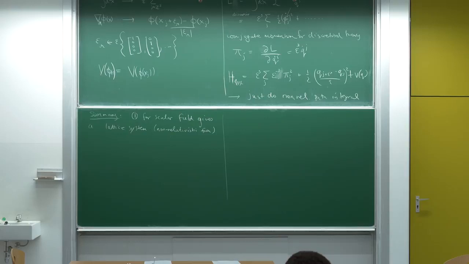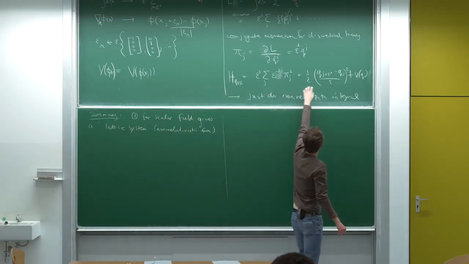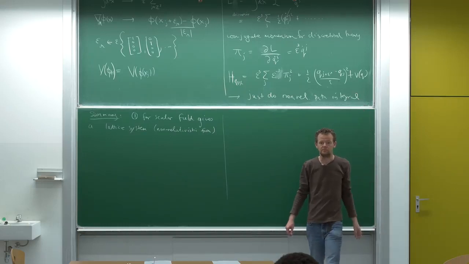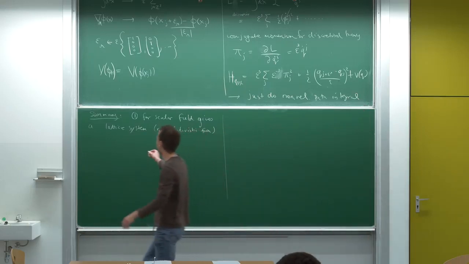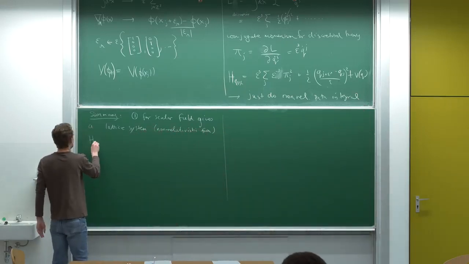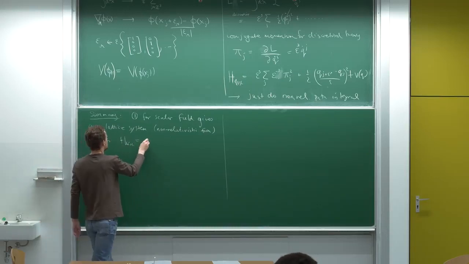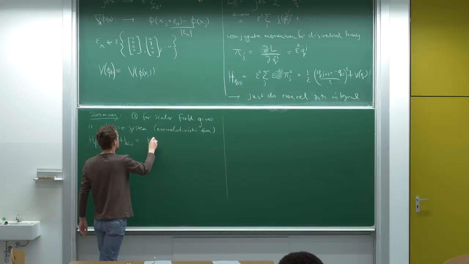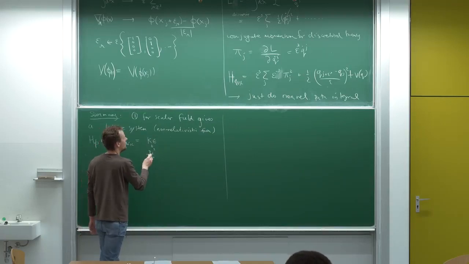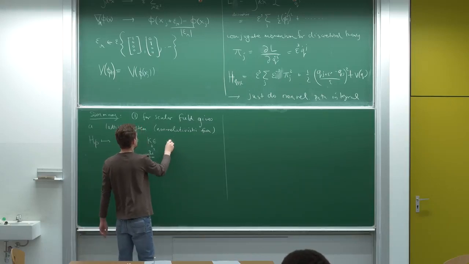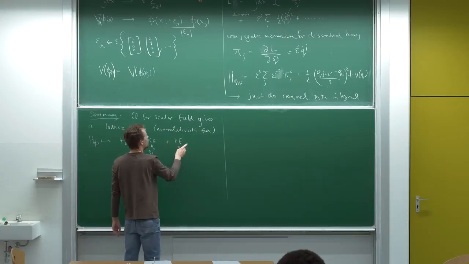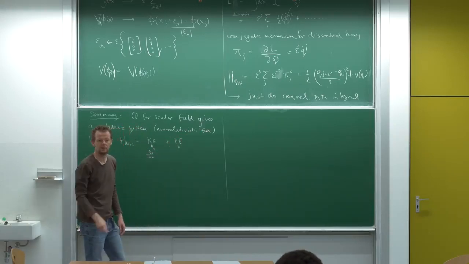It's a kinetic energy term plus some potential energy term. So H phi gets mapped to H discrete, which looks like some sort of kinetic energy term plus some potential energy term which includes all that stuff over there.